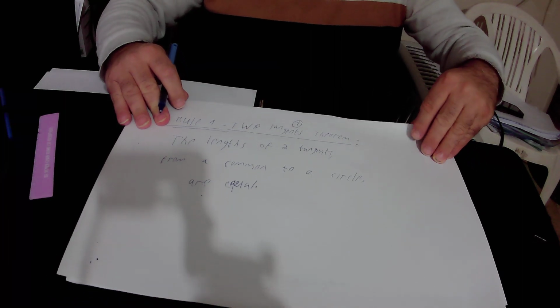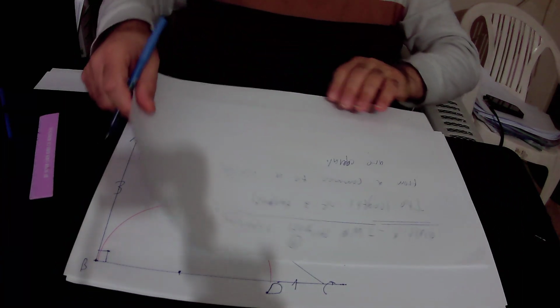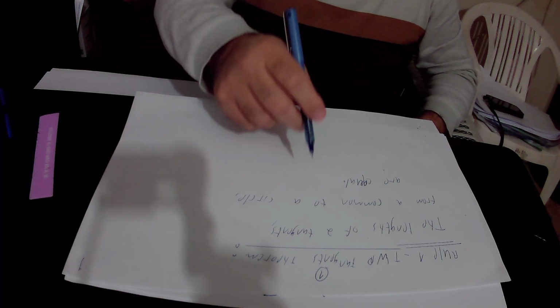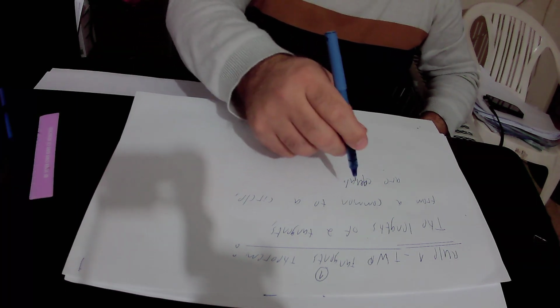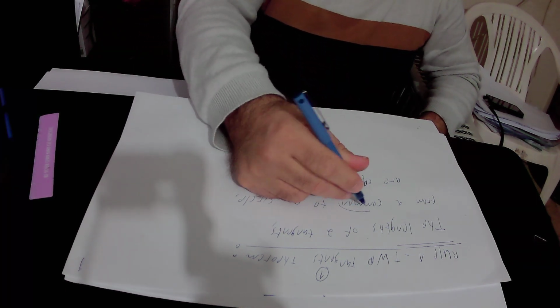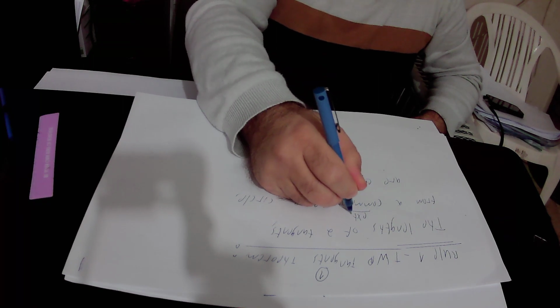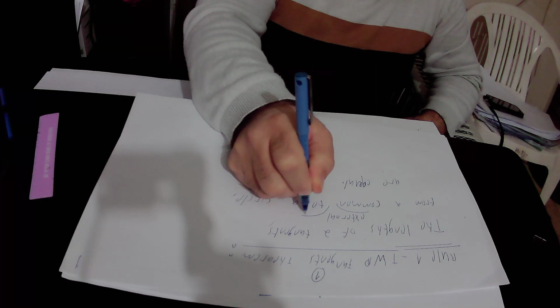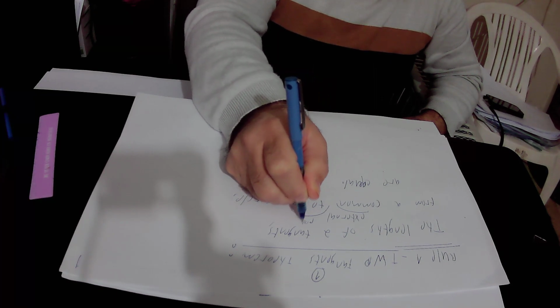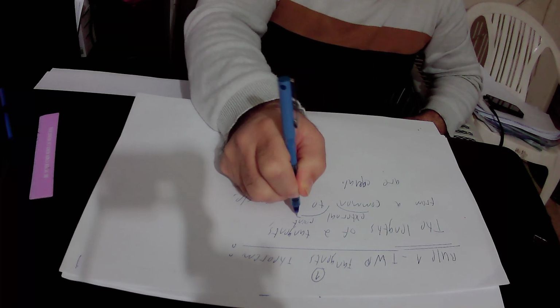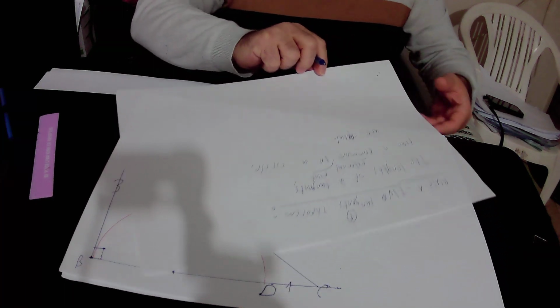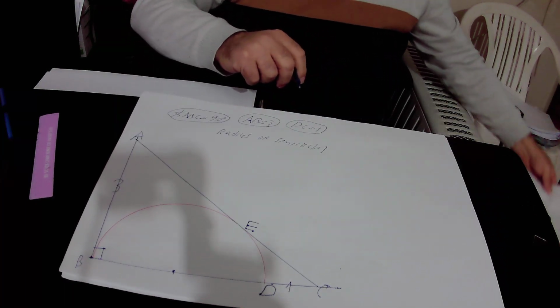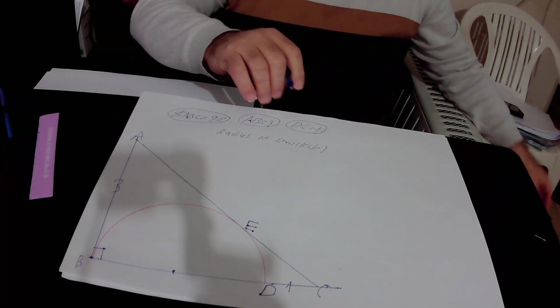So the length of two tangents from a common external point to a circle are equal. So what is the meaning of rule number 1, or two tangents theorem?